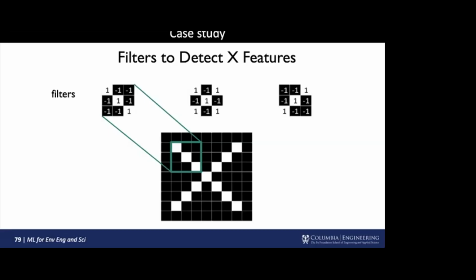Different filters detect different diagonal orientations, and together they can pick up all the parts that make up an X. So instead of recognizing the entire letter at once, the network detects the pieces of X one by one, then combines them together. So we have a final group picture for X.